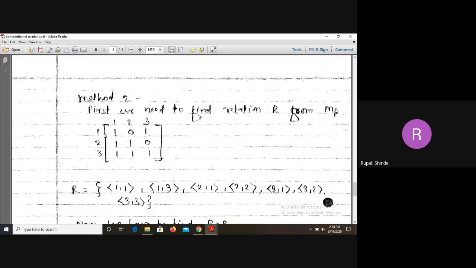This one represents that this ordered pair is present in relation R. So we can define relation R as the first ordered pair is (1, 1). Now here 0 is written, means what? Ordered pair (1, 2) is not there. Now again 1 is written here, so ordered pair (1, 3) is included in the relation.